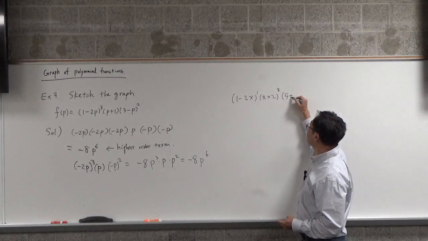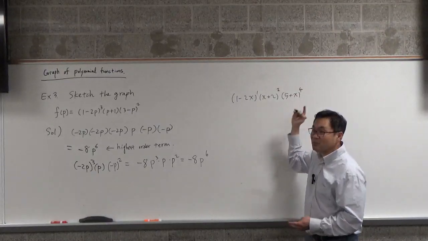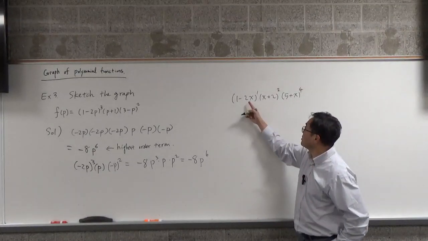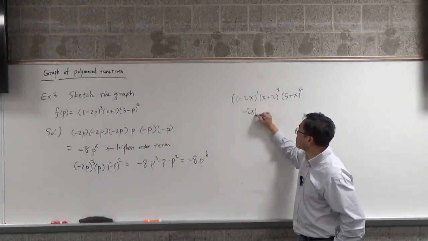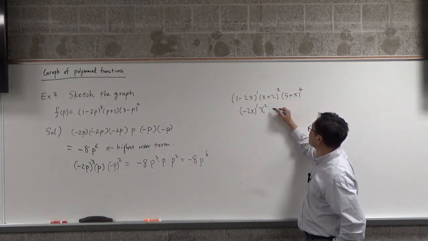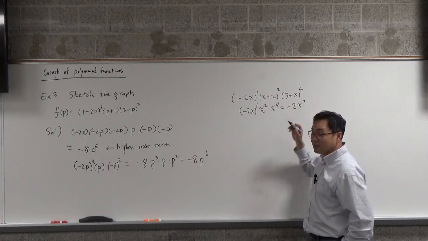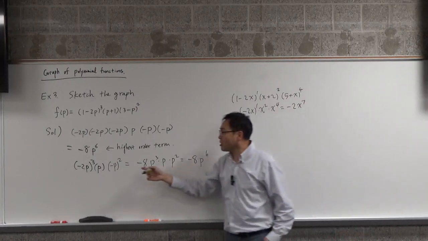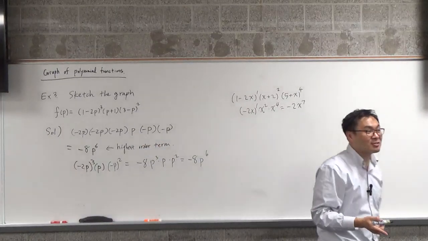And then 5 plus x to the what? 4th power. So this was our previous example. In this case, negative 2x only has a 1st power, right? So there's negative 2x to the 1st power, x squared, x to the 4th. So in that case, it will be negative 2x to the 7th. But over here, you have negative 2 to the 3rd power, so it will be negative 8. You see the difference?